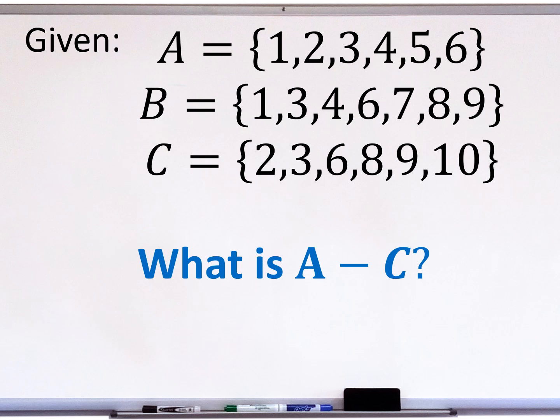Next, what is the difference of A and C? So, therefore, if you are asked to get the difference of two sets, ang gagawin nyo lang po dito is A minus C. Unang-una sa lahat, you're going to identify the common elements between the two sets. So, therefore, the elements that are both in A and C are the numbers 2, 3, and 6.